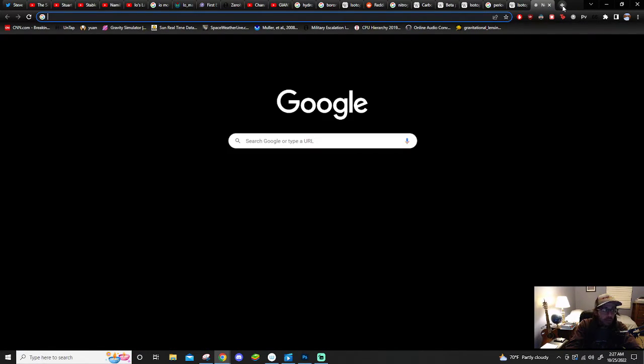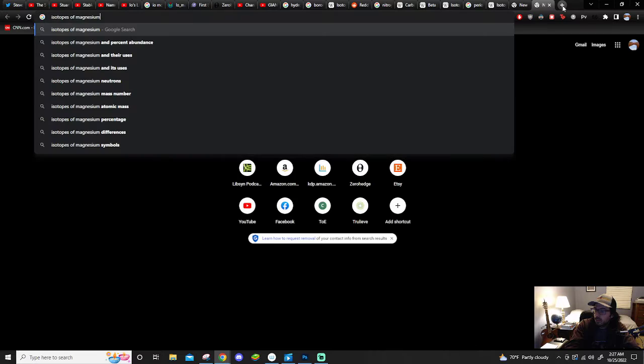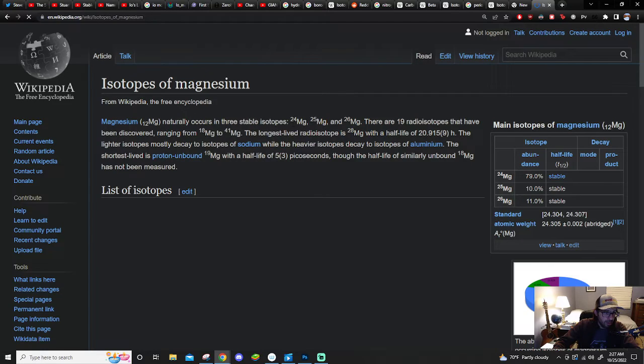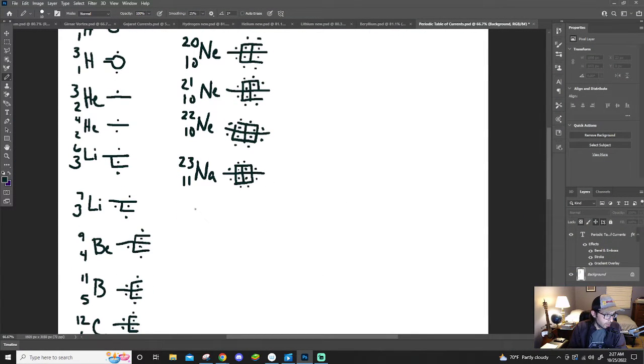Unbelievable. Three stable isotopes: 24, 25, 26.